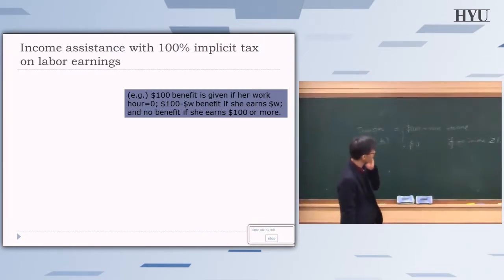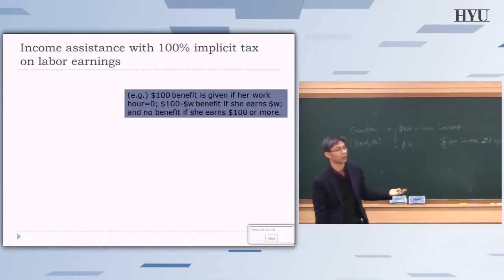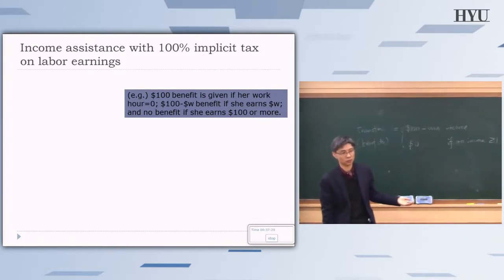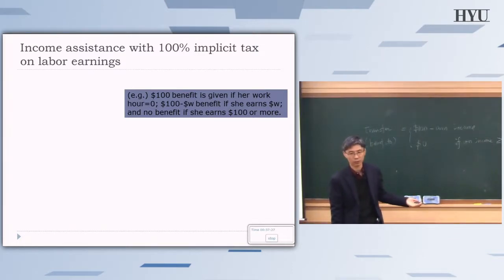Now think from the viewpoint of an individual. Think of a person whose hourly wage rate is $10. So if she works for an hour, she can get $10. Now, if she doesn't work at all, what is her income?